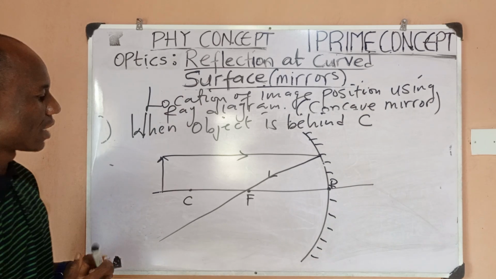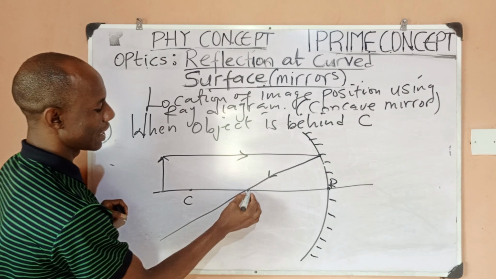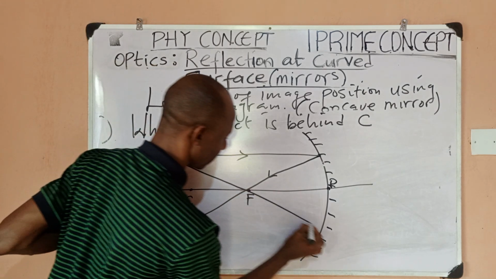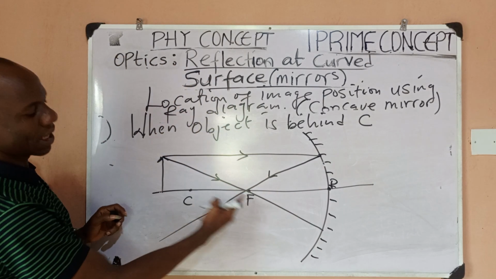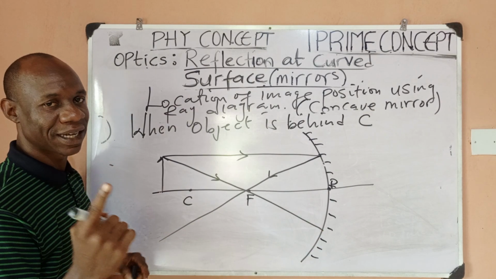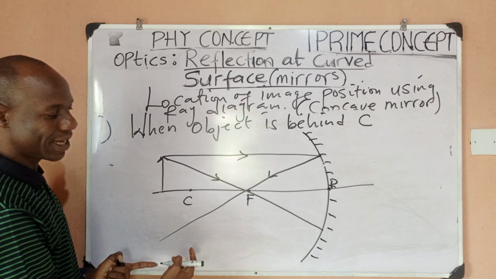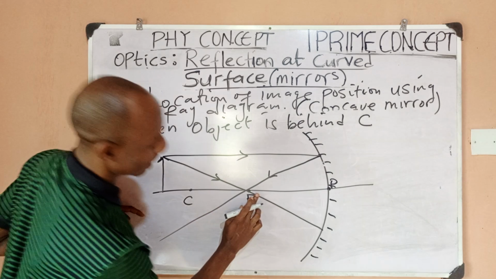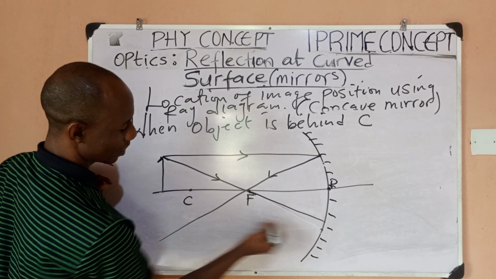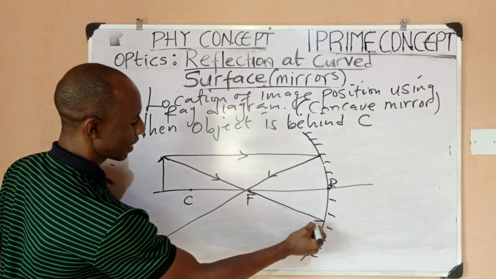Yes. Now I'll use another rule. Let's say a ray that is passing through your focal point like this. And when a ray enters through your focal point and it hits your mirror, if it is coming back, how does it come back? It comes parallel to your principal axis, right? Very correct. So this is what we have. So if it is coming back, you'd have something like this, parallel.